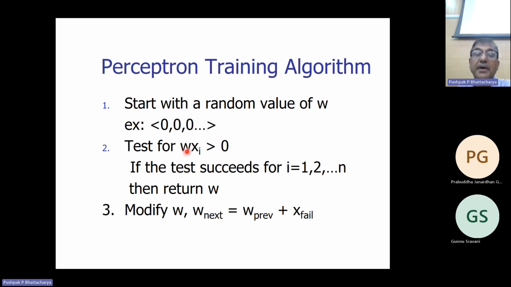If such a w has been found, which satisfies w dot xi greater than 0 for all vectors, then this is the required weight, and the perceptron has been trained. This is the algorithm we will have to implement in the class, and see its behavior for different problems.